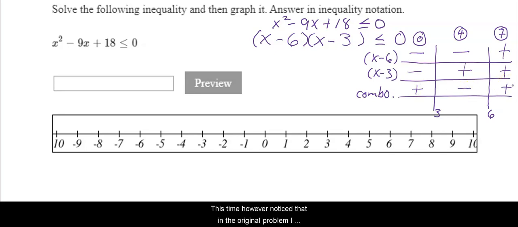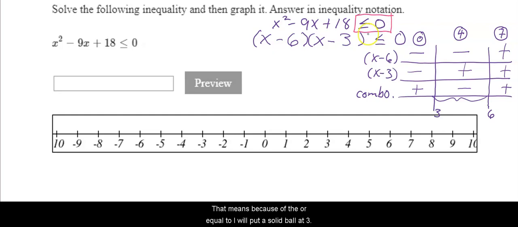This time, however, notice that in the original problem, I am looking for something that is less than or equal to 0. Less than means negative. I'm looking for this region right here.